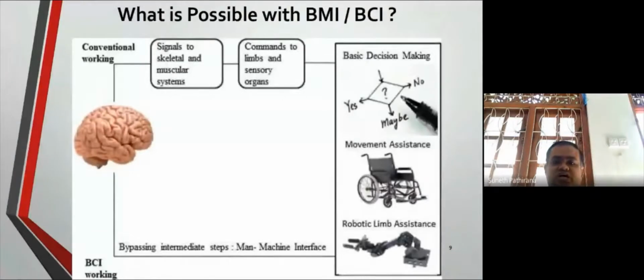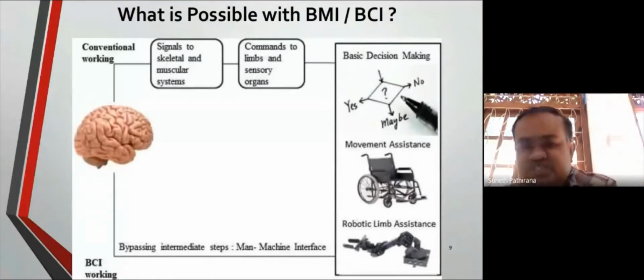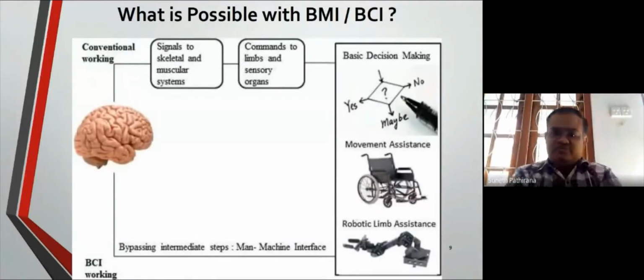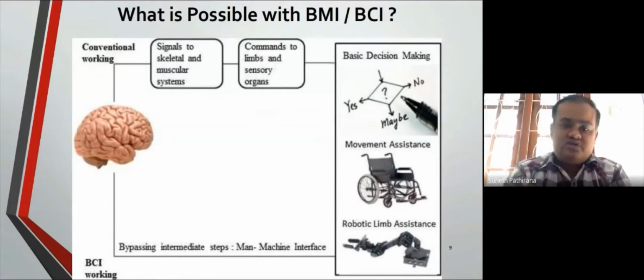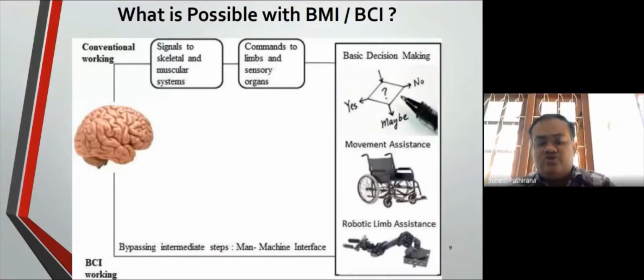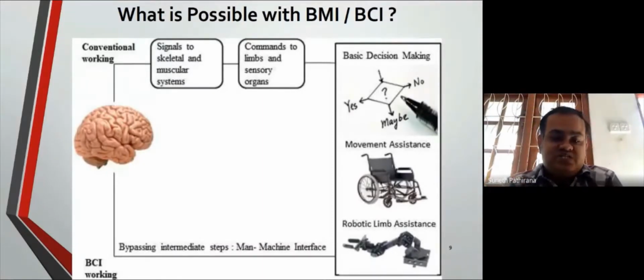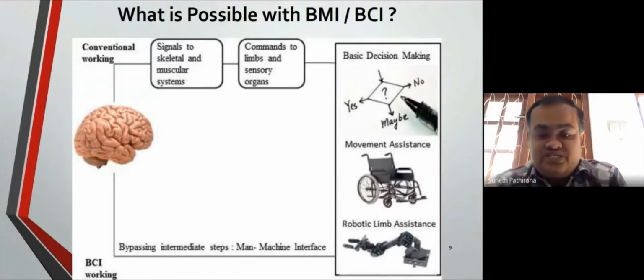So we'll have a look at what's possible with brain-machine interfacing or brain-computer interfacing. The upper part is the usual biological process. The latter part starts with bypassing intermediate steps. That is the usual routing of brain-machine interfacing.